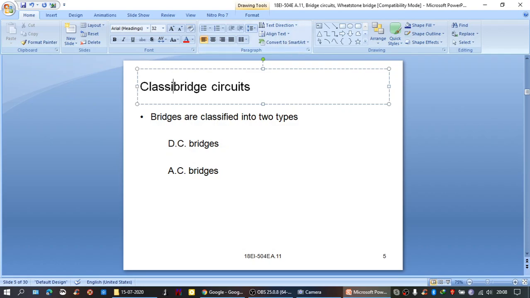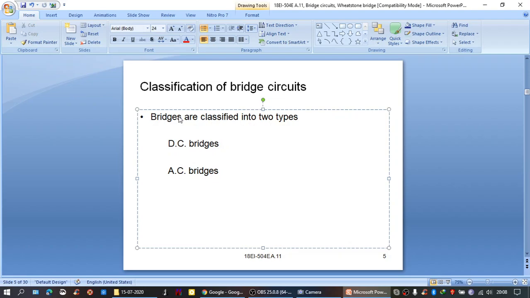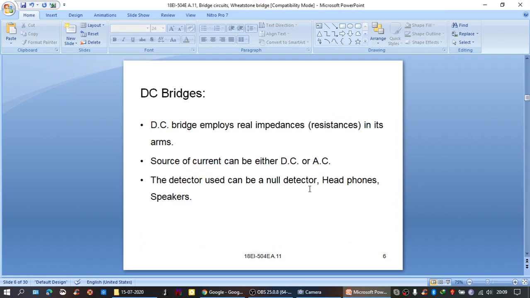They are DC bridges and AC bridges. In DC bridges, only real impedances, that is, resistances, are used in the arms.